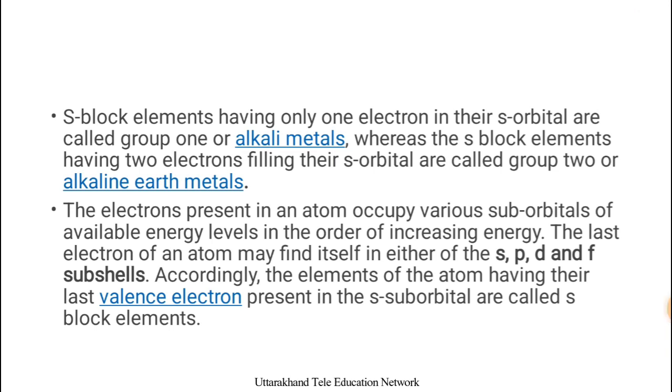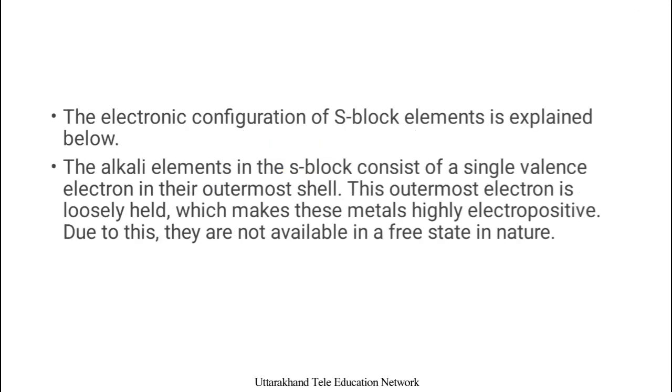the electronic configuration of S block elements can be explained as below. The alkali elements in the S block have a single valence electron in their outermost shell. The outermost electron is loosely held, which makes these metals highly electropositive.